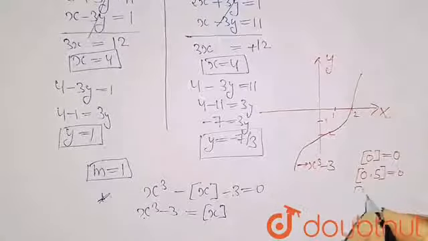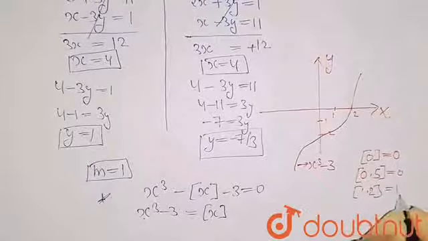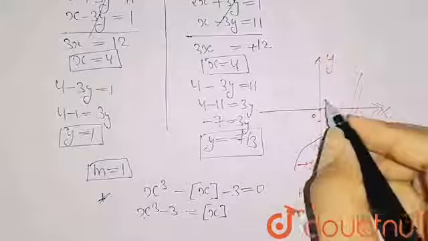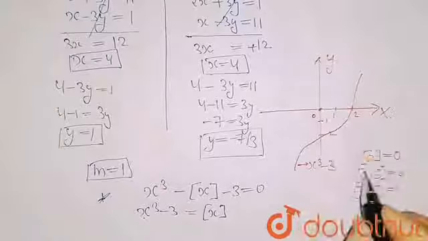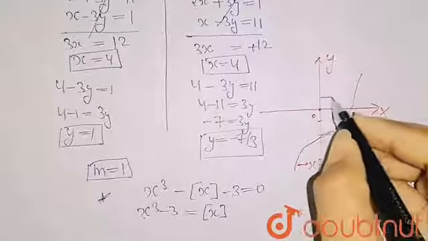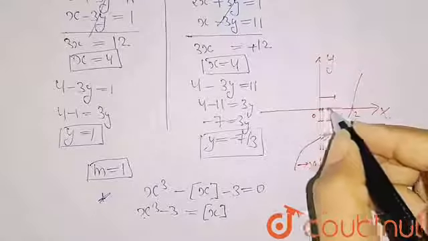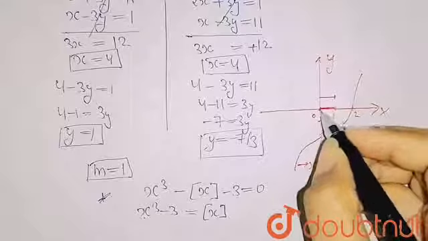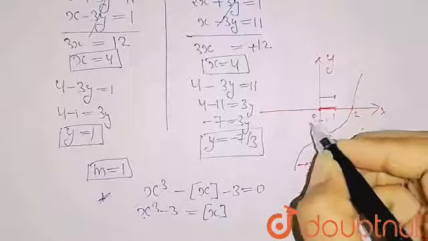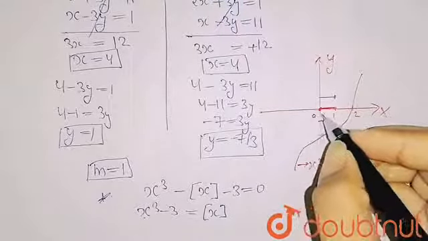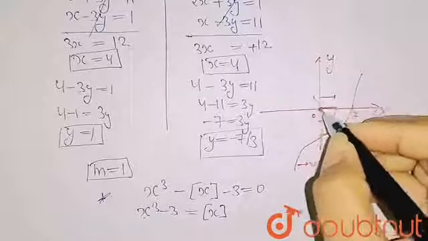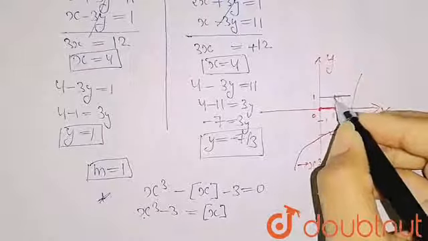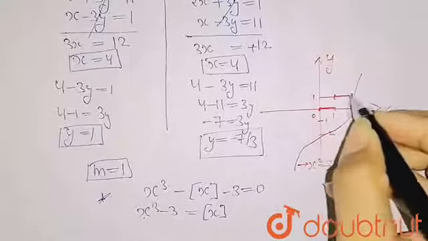When you put 1.2, the value will be taken as 1. So when my value is between 0 and 1, the greatest integer function is giving me 0 only. When my value is from 1 to 2, it will be giving me 1 only, for all the values.